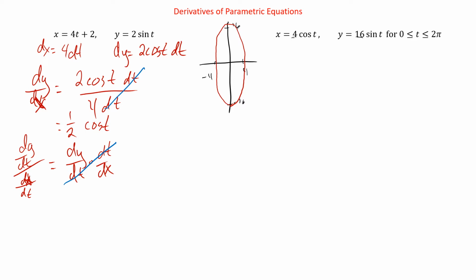You get an ellipse centered at 0, 0, where the 4 would be the horizontal radius, the 16 would be the vertical radius. Those aren't technically radii, but it's how far over we go and how far up and down we go. Things to remember from an ellipse from pre-cal and even honors algebra 2. The long axis is the major axis.